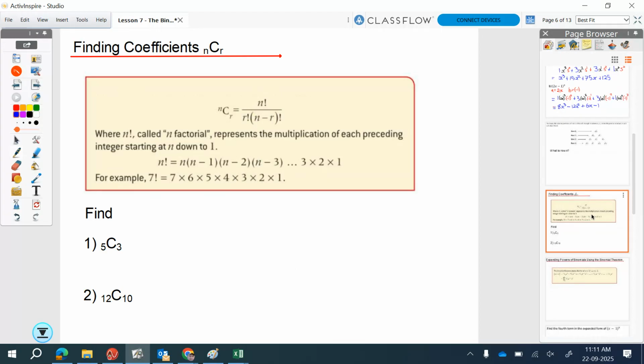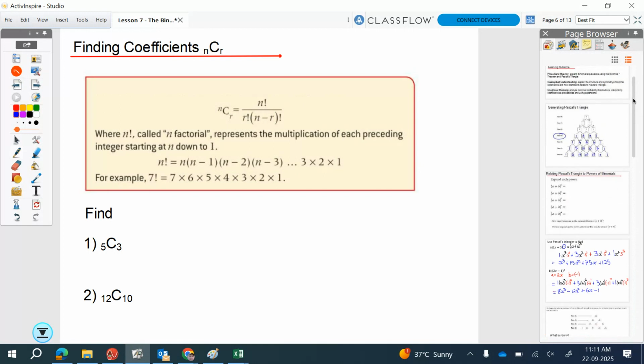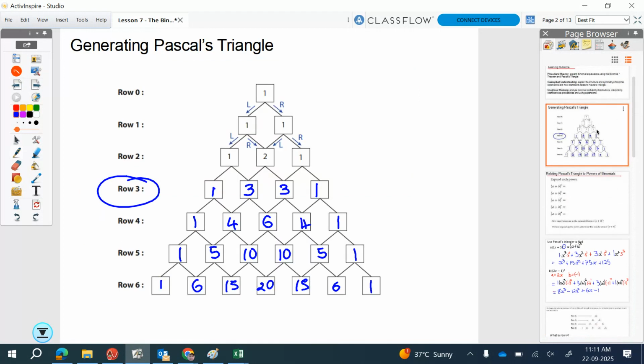So we can get the coefficients using this formula, using nCr numbers. These are called binomial coefficients, and we can find them a little bit quicker. Let me show you how they relate to Pascal's triangle. So for instance, if I'm looking at row 3, n is equal to 3, and this is the first term in the sequence.